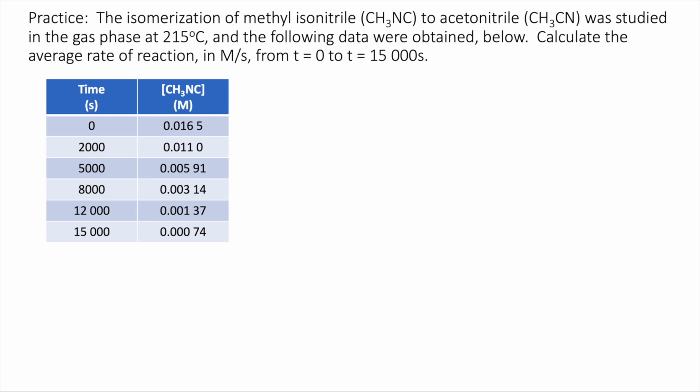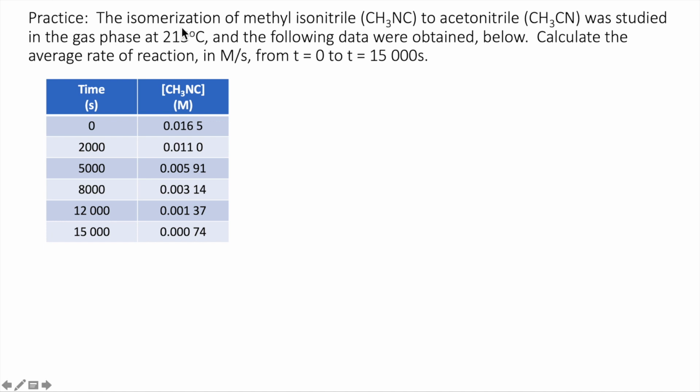The isomerization of methyl isocyanide to acetonitrile was studied in the gas phase at 250 degrees Celsius, and the following data were obtained below. Calculate the average rate of reaction in molarity per second from time 0 to time 15,000 seconds.